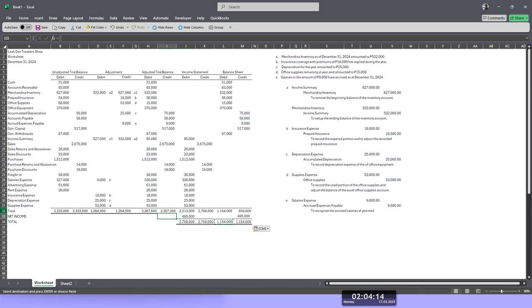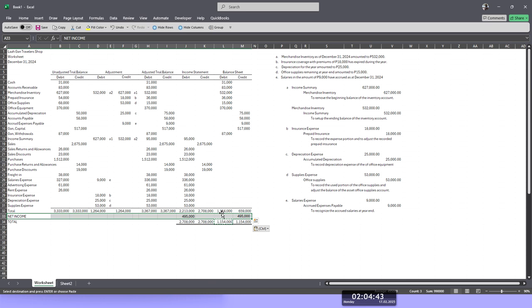The purpose of the worksheet is to assist in the preparation of the financial statements of the company, particularly the income statement, sometimes called the statement of profit and loss, statement of financial performance, or statement of performance.